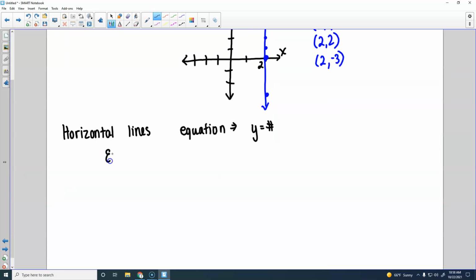So an example would look like this. Graph y equals -1. So again, if we draw ourselves an axis here, coordinate plane.